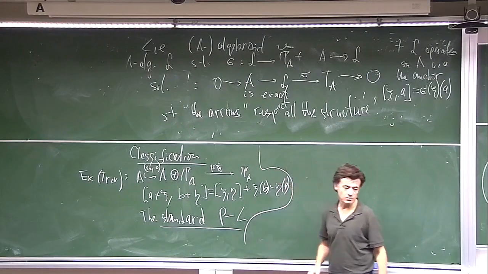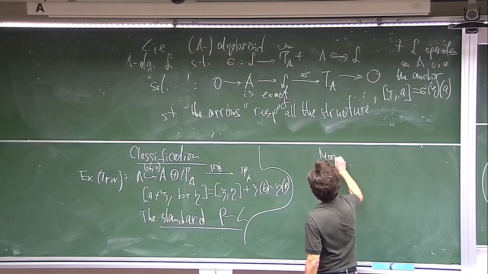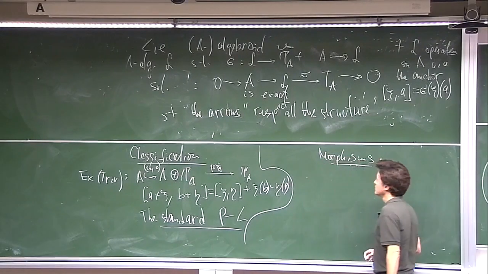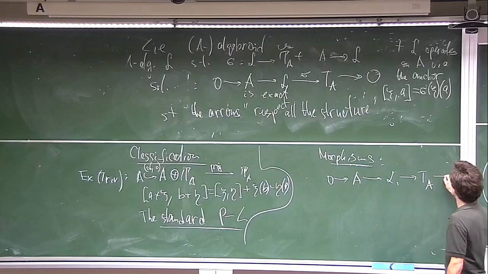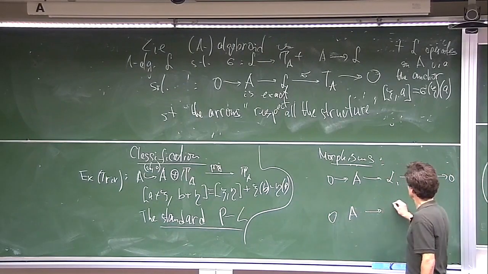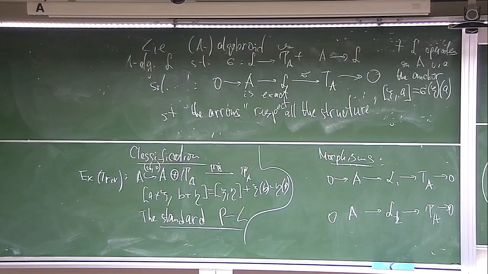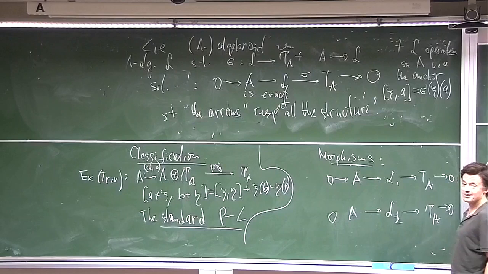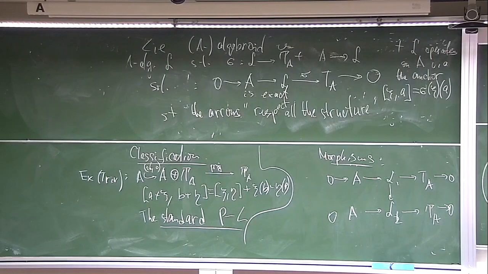What else is there? That's the question. In order to answer it, we need to introduce the category. So suppose we have two such things. What is a morphism? A morphism is a map from L1 to L2 that preserves all the structure of an A module, the structure of a Lie algebra, and also such that it makes this diagram commute.